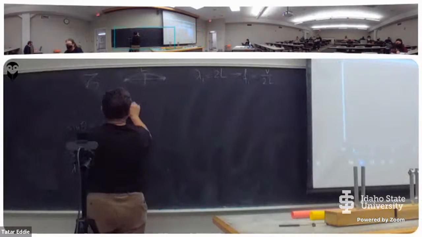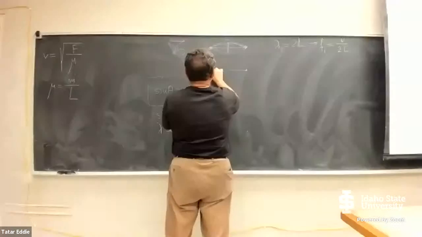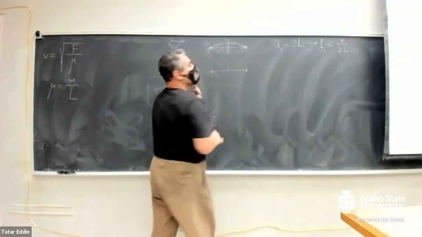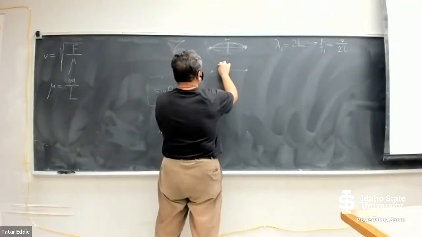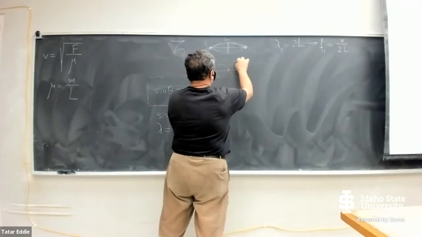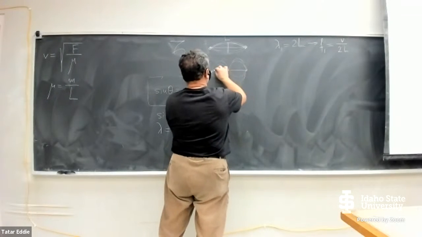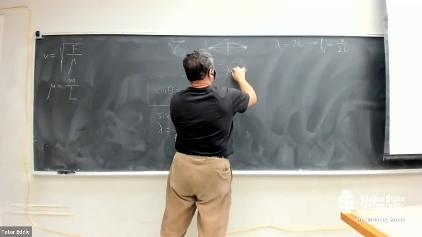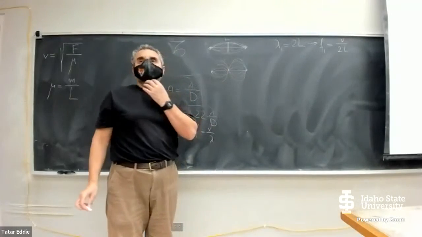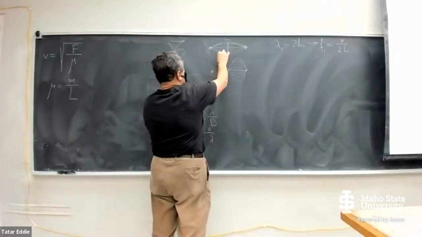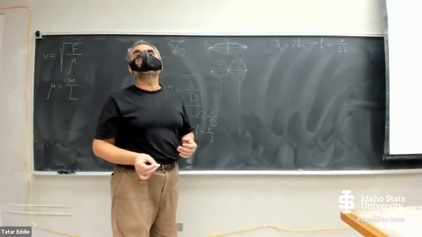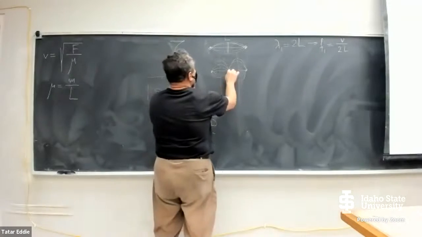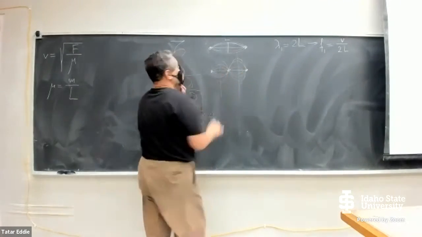Here's the same string, but now the stable standing pattern, due to the interference of the wave that I create and the reflected wave, is going to look like this. In other words, you're going to have oscillations with high amplitude here and here, and no oscillation of the string at all right here in the middle, and of course at the two fixed ends.